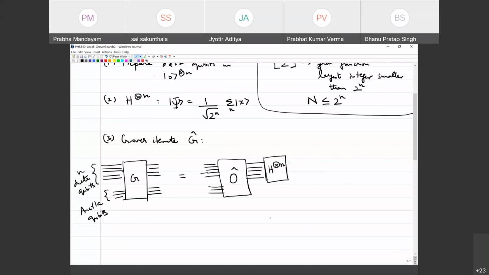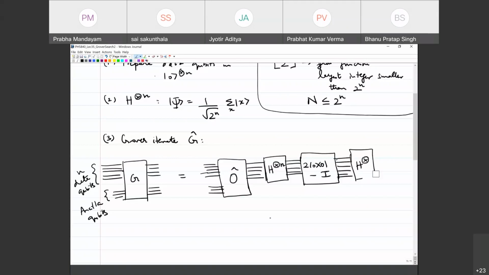So that involves, again, a Hadamard tensor n. It involves this phase shift operator, which is twice all zero minus identity. When I write zero, I mean the all zero, the n qubit zero, right? And then again, I have the Hadamard tensor n. And this is what the Grover iterate comprises of.